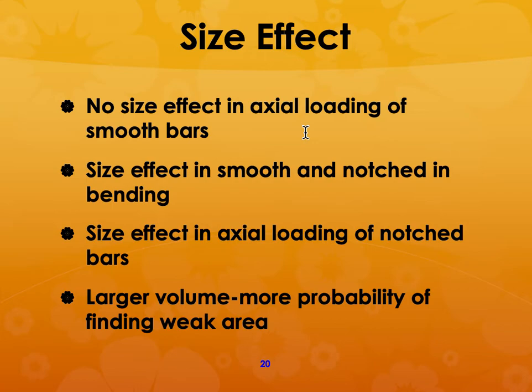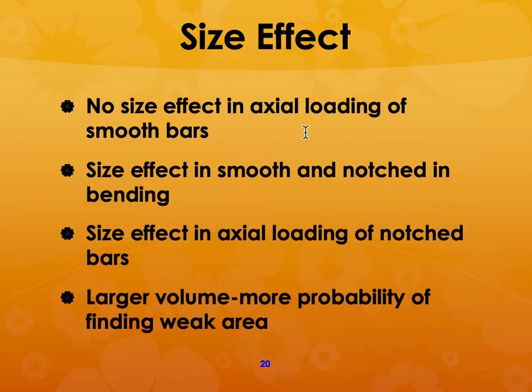And you will also find that there is a size effect in axial loading of notch bars. So if you have a larger sample, then it will fail much faster. And the reason is that if you had a larger sample, there is a higher probability of finding a weak area in that larger sample.